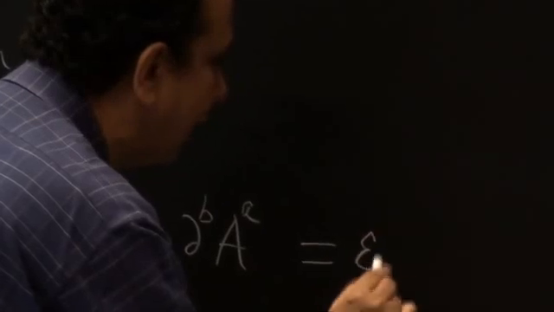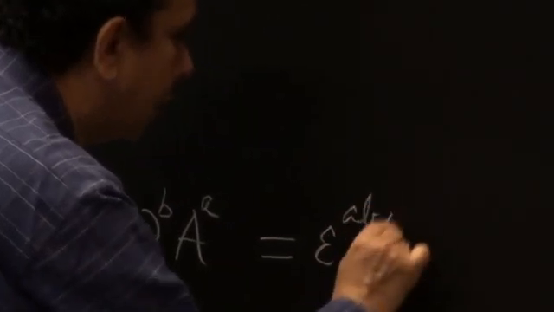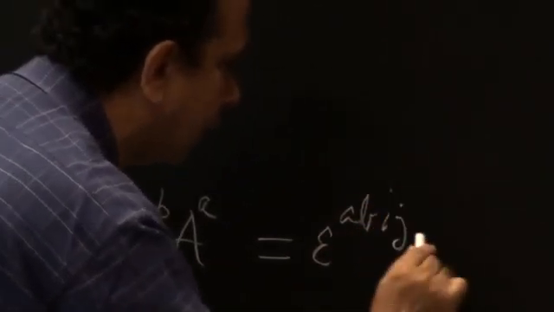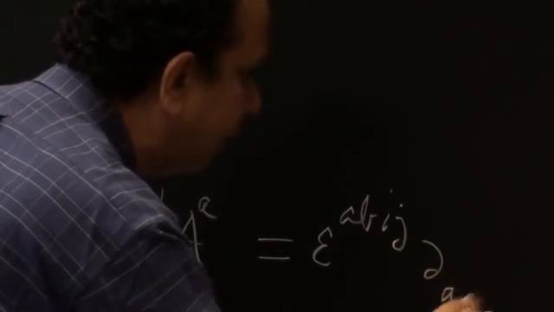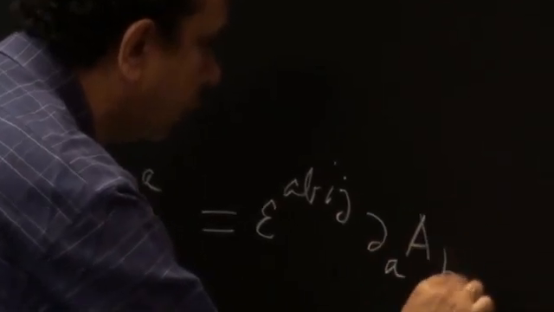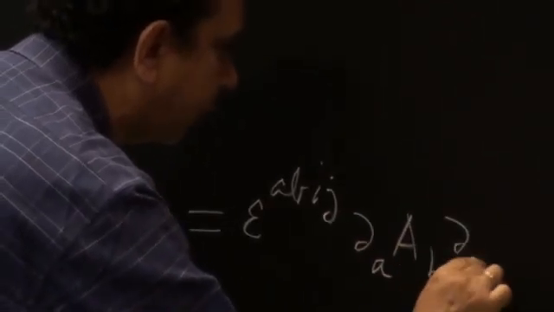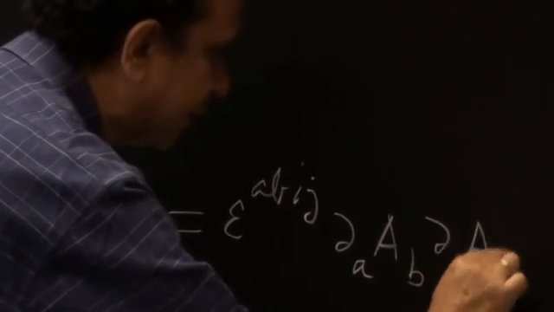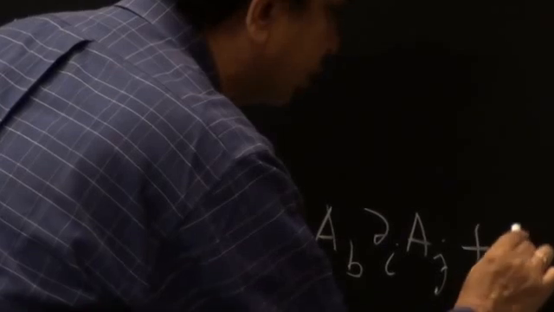The first term you will not be able to do anything about. So you will have epsilon ABIJ ∂_A A_B ∂_i A_J. This is gauge invariant. Then you will get your usual some constant times F_ik squared.